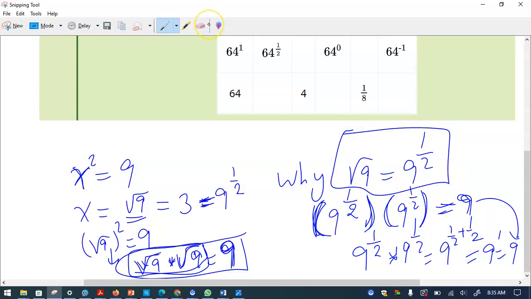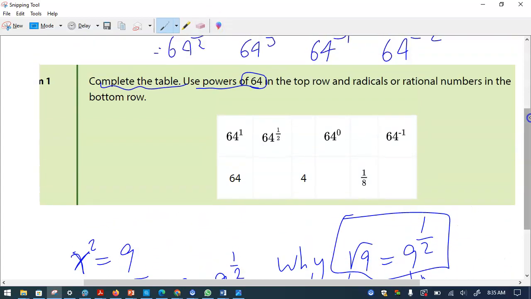Not only this, we can also do it for 3. Let's say x cubed is 8. So x is the cube root of 8 by definition. But why is it 8 raised to 1 third?